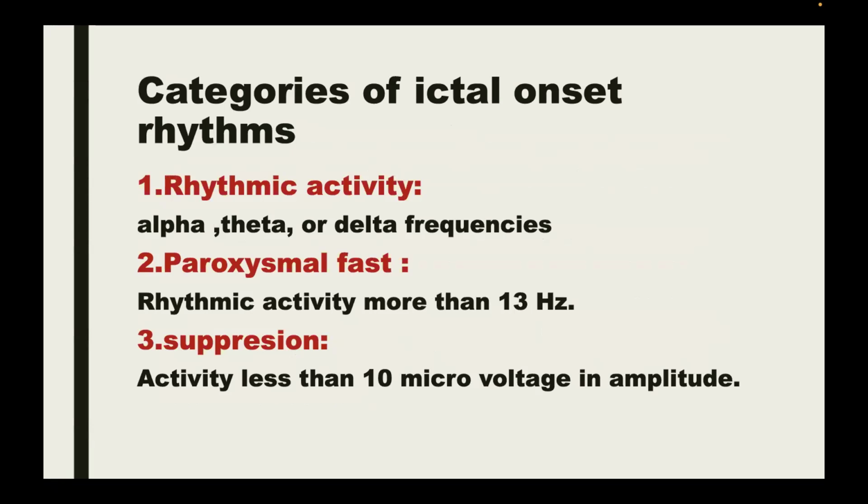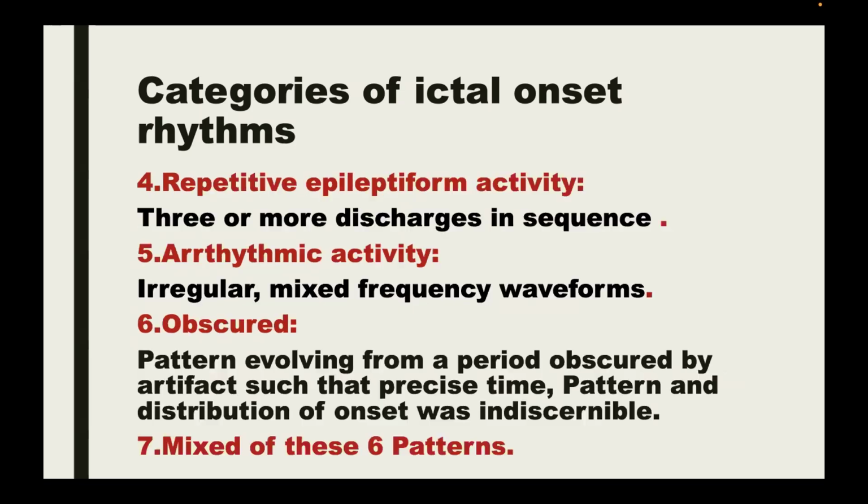The first one is rhythmic activity, whatever the direction, in alpha, theta, or delta. The second pattern is paroxysmal fast activity, rhythmic activity of more than 13 hertz. The third one is a suppression activity that suppresses the background to less than 10 microvolts in amplitude.